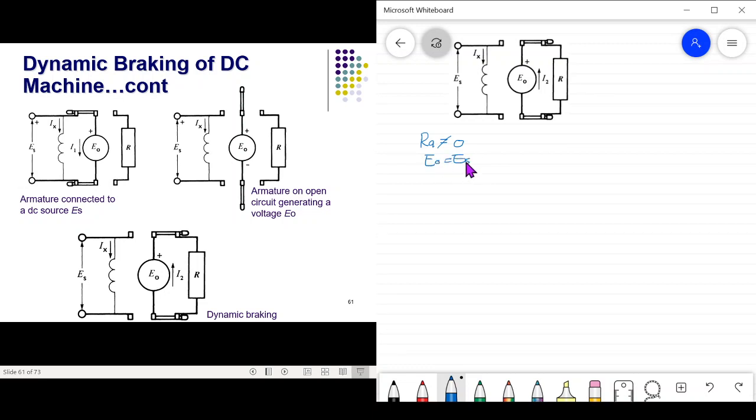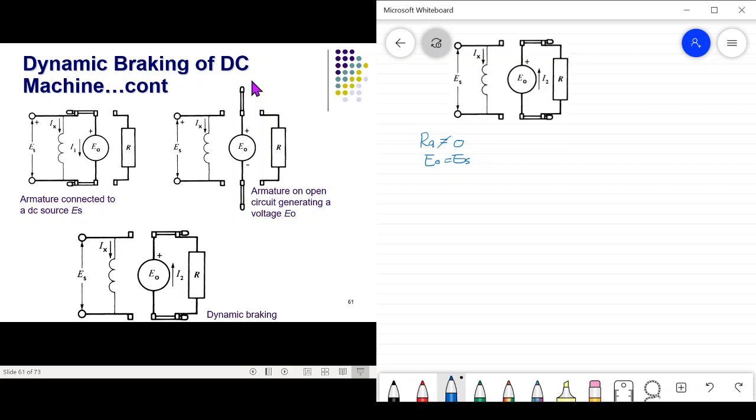If we suddenly open the switch, as you look at this figure, the motor continues to turn, but its speed will gradually drop due to friction and windage losses. On the other hand, because the shunt field is still excited, induced voltage E0 continues to exist, falling at the same rate as the speed.